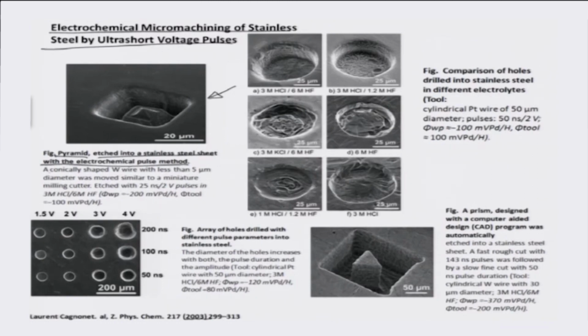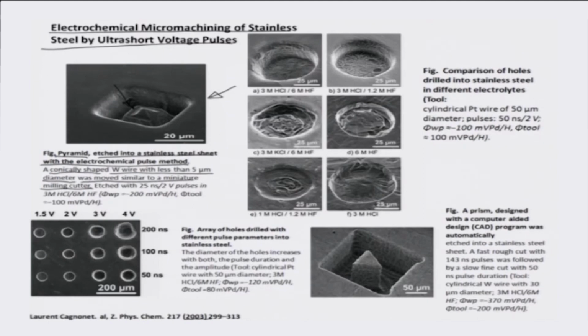It is conically shaped. You can see the conical shape right about here in the center, and in this case a tungsten wire with less than 5 microns diameter was moved similar to a milling cutter. That is how the process was accomplished.